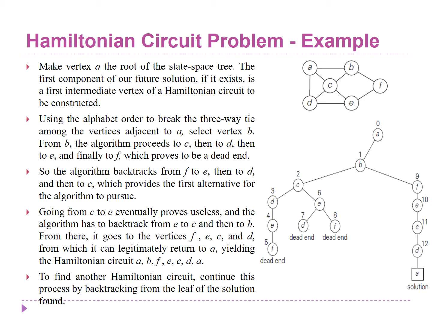Going from C to E eventually proves useless, and the algorithm has to backtrack from E to C and then to B. From there, it goes to the vertices F, E, C, and D, from which it can legitimately return to A, yielding the Hamiltonian circuit A, B, F, E, C, D, and A. To find another Hamiltonian circuit, continue this process by backtracking from the leaf of the solution found.